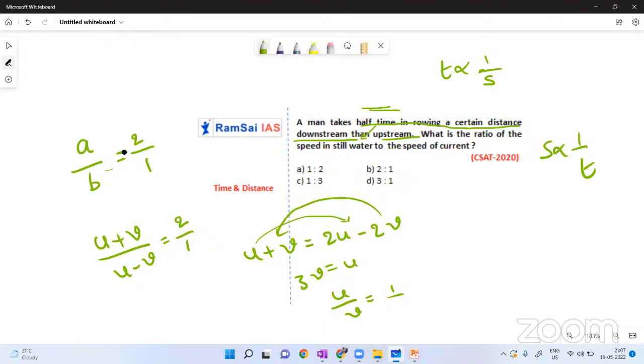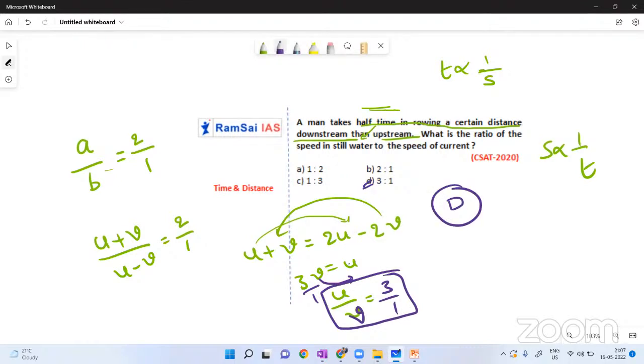Oh, that's a mistake I did. Okay, from here. Yes. When I take V to this side, it will be down. U is to V equal to 3 is to 1. So option D will be the answer. Hope it's clear. If you want, you can take a screenshot of this and try it on your own.